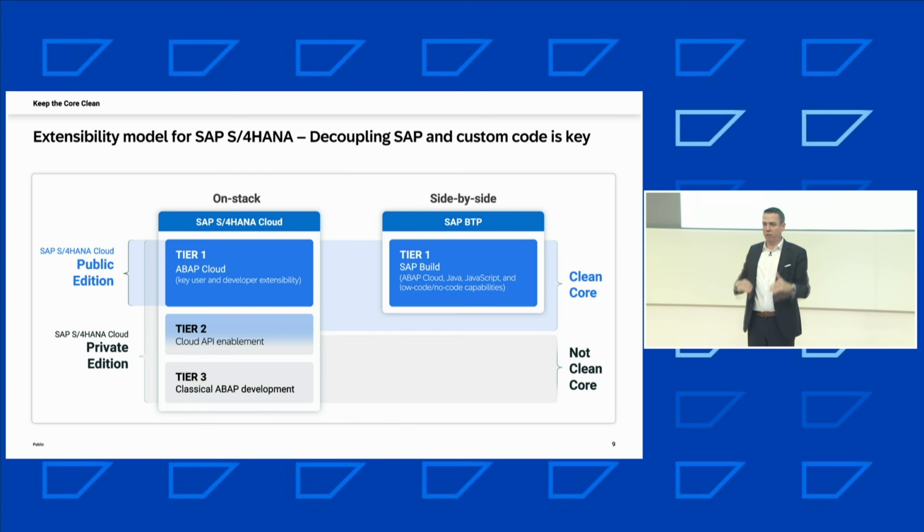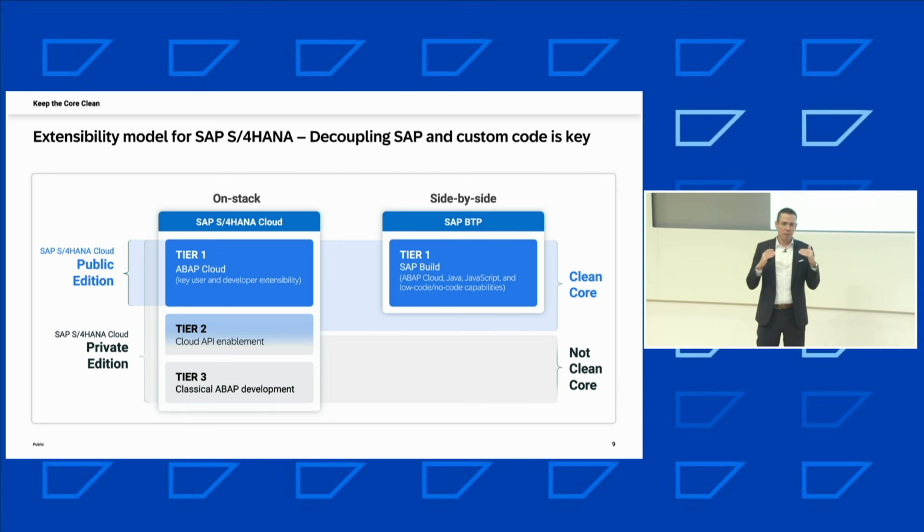If you want to access a certain object under the hood, which is not yet available via a released API, you can build this wrapper around it to govern it and to access it in a tier 1 compliant fashion. The code doesn't get better out of this, but you manage it and you govern it. So it's a pure enablement layer that you have in the private cloud. You don't have this in the public cloud.